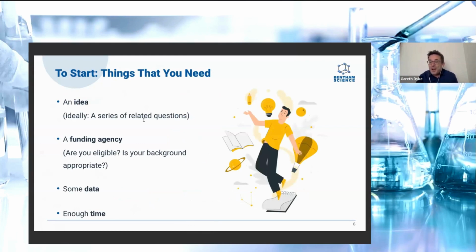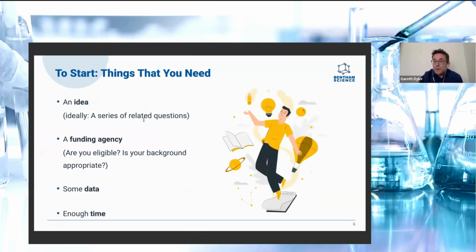So as we get started thinking about how to put a proposal together, first of all, we need an idea, and that might be a series of related questions. We'll come back to that in a moment. The second thing is a funding agency, and we can give you suggestions if you need help finding a suitable funding agency for your research.